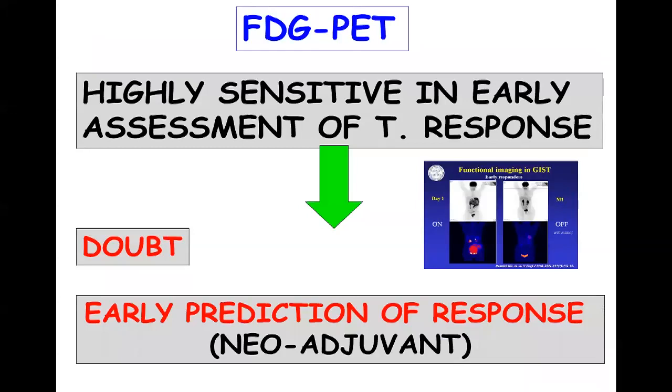This slide shows you the functional imaging after 1 day of imatinib. PET scan could be interesting in case of doubt or in case of early prediction of response in the neoadjuvant setting.